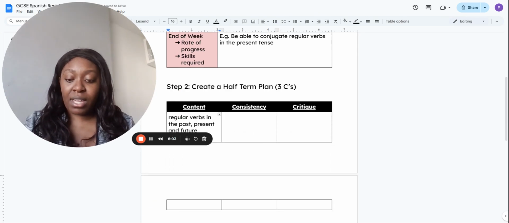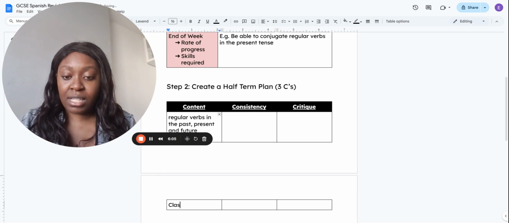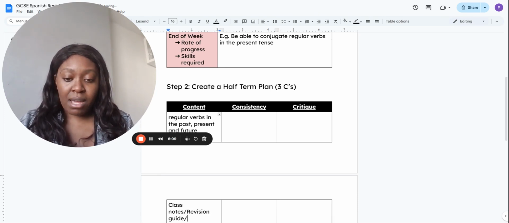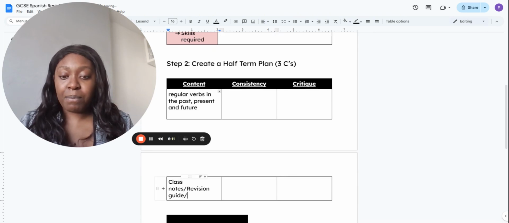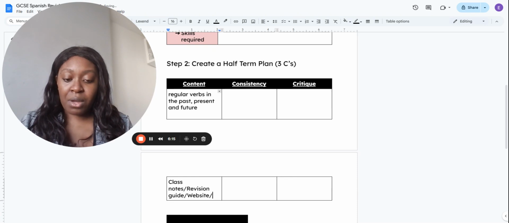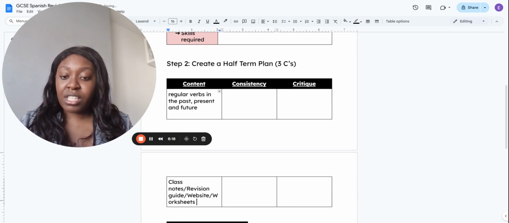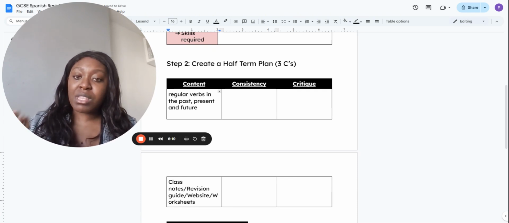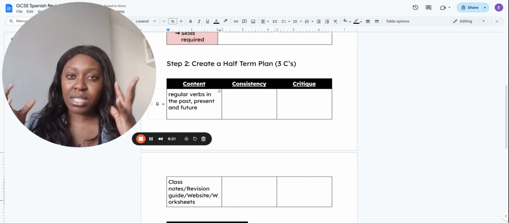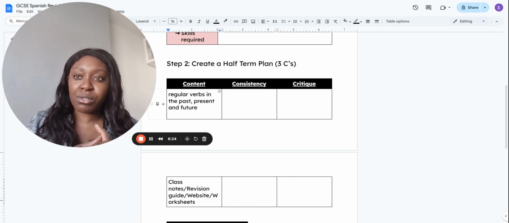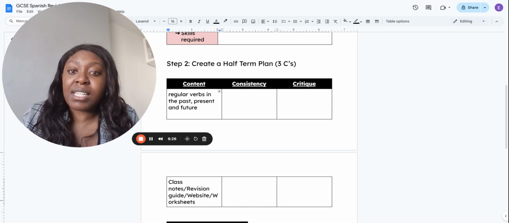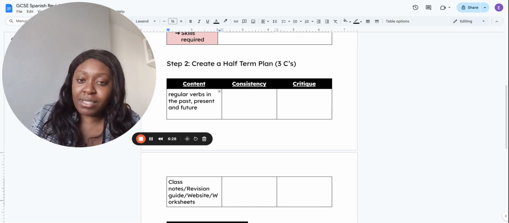You might say, okay, it might be your class notes, it might be a revision guide, it might be a particular website, worksheets. There's loads of places, but you know that this is what I am looking for. So this means that you know exactly what resources, or whether the resource is fit for purpose.